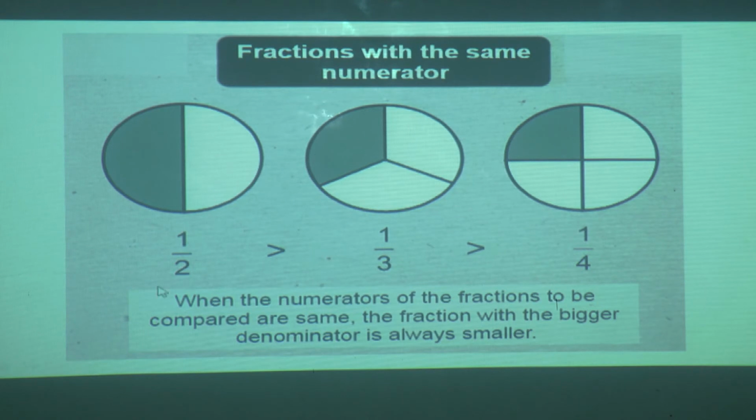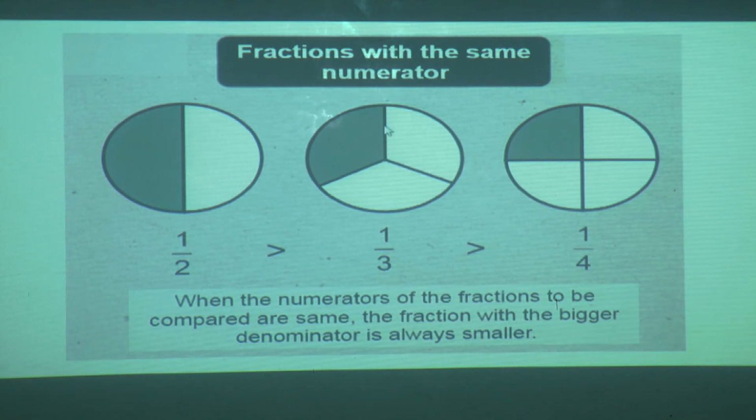So when we have sums related to this, there is no need to do any procedure when all the numerators are equal. Just check the denominators and you can write the comparison of fractions as we have done here. So we compared fractions having the same numerator.